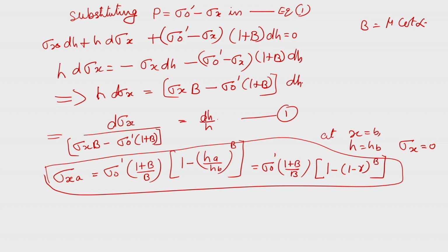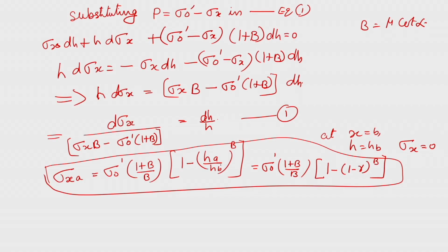Now, this is for a strip drawing, but if you are considering a cylindrical drawing operation, where the pieces are cylindrical in shape, then it is the HA by HB raised to n, that is your reduction which is taking place. You can just substitute that HA by HB, the same relationship, and with the conical dies.